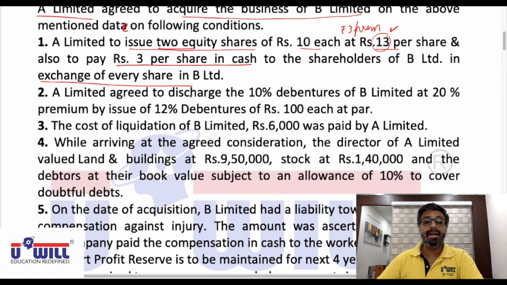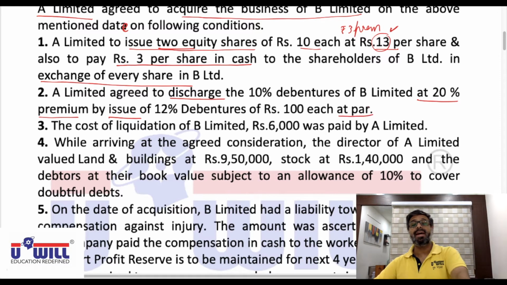A Limited agreed to, underline, discharge the 10% debentures of B Limited at 20% premium, by issue of 12% debentures of 100 each at par. Underline, issue at par. This will affect the last entry in the transferee company's books, the settlement of liability against the old company's 10% debentures.